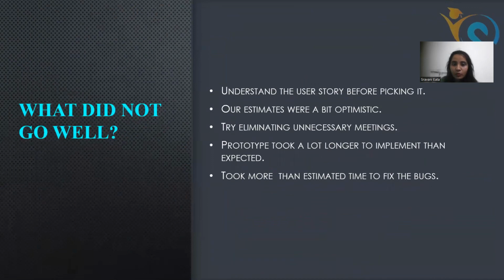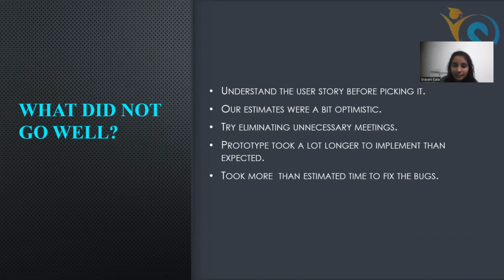And what did not go well: we should understand the user stories before picking them up, so that we will reduce the time, and our estimates were a bit optimistic. We planned 6 of the user stories, but some of them we could not complete in this sprint, because we were facing some issues in the user stories we were working on.